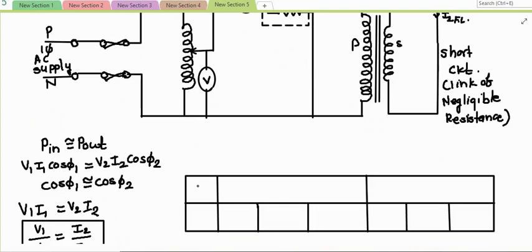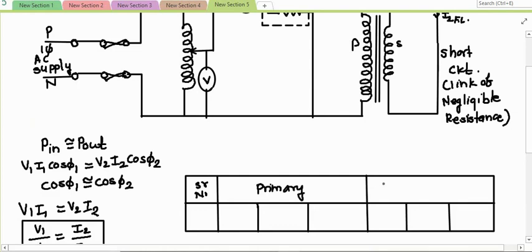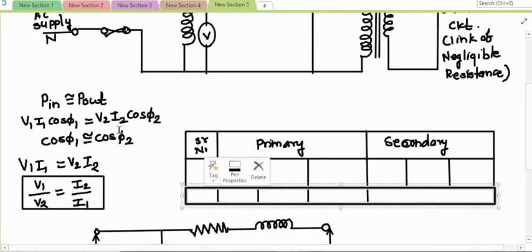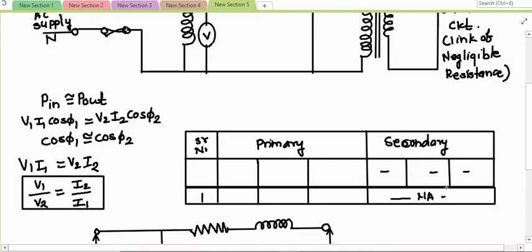So again I will write down serial number here. On primary side what reading we have to take, and on secondary side what reading we have to take. So as we have not connected anything on the secondary side, you don't have to note down any reading on the secondary side. So this is not applicable.